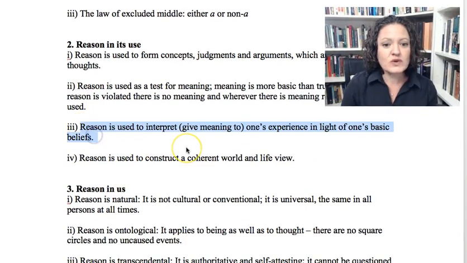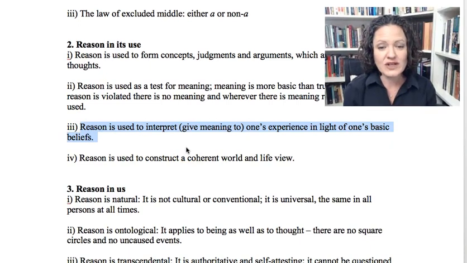Reason is used to interpret or give meaning, there's that word again, to one's experience in light of one's basic beliefs. So if we're thinking presuppositionally, this means that our basic beliefs are logically prior to our experience or the meaning of our experience. We're going to have to talk about this one a lot.